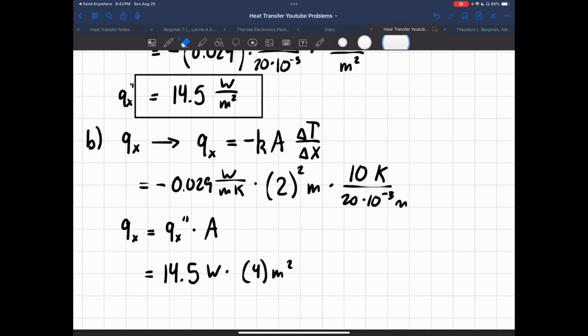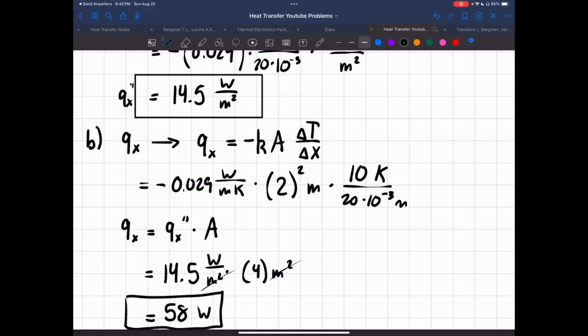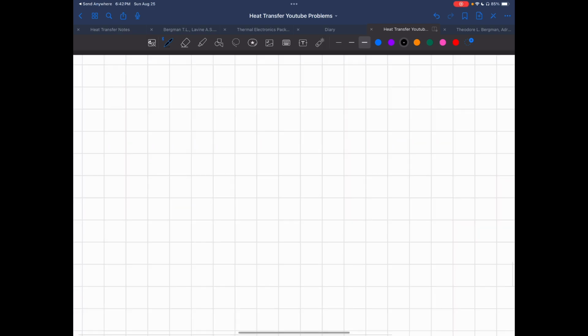And excuse me, the 14.5 is going to be watts per meter squared, like we have earlier. And those meter squares are going to cancel. And then 14.5 times 4 is just 58 watts. And that is our answer for part B.